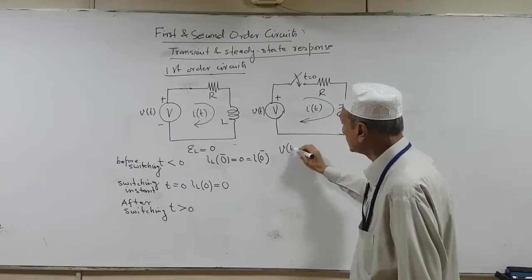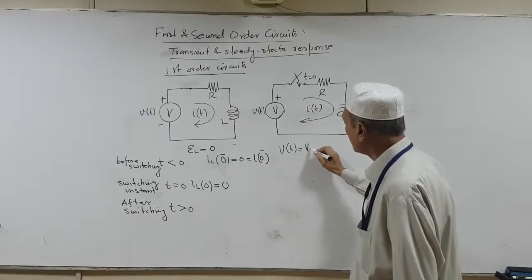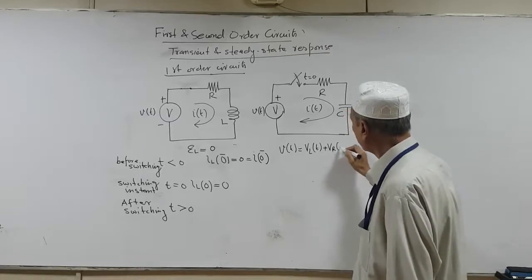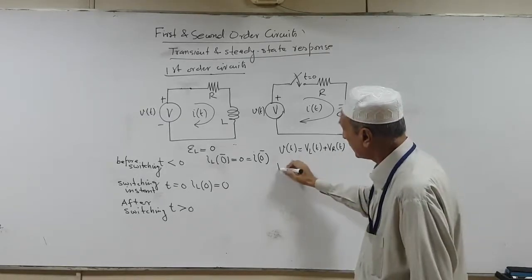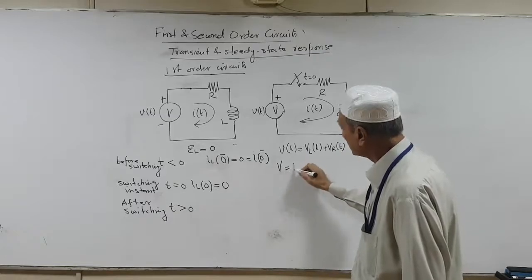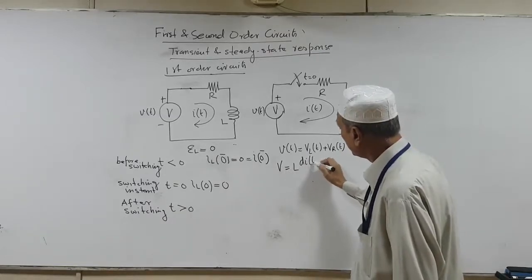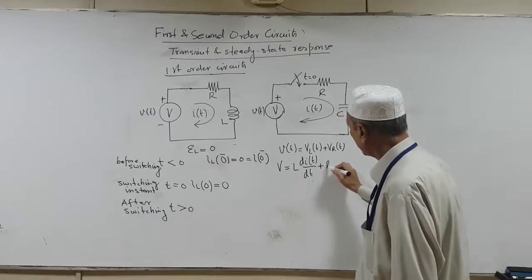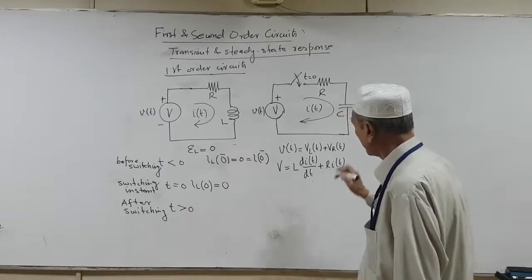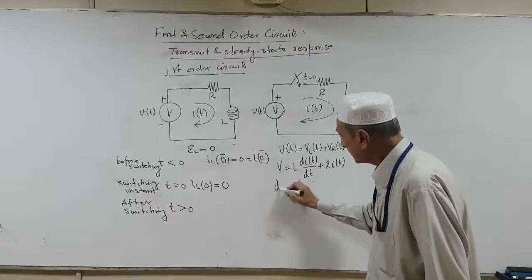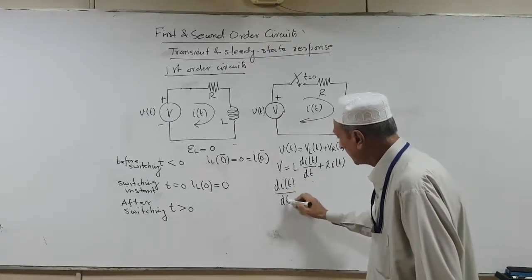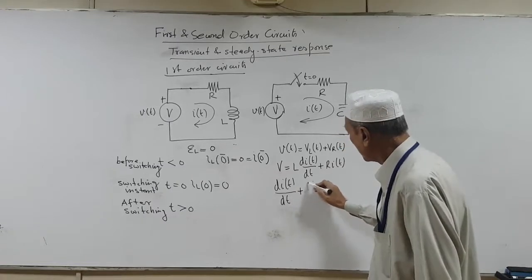So the source voltage v(t) is equal to v_L(t) plus v_R(t). Now this is capital V, and by definition this is L di/dt, and this one is R times i(t). Or we can go for a standard differential equation in this form.